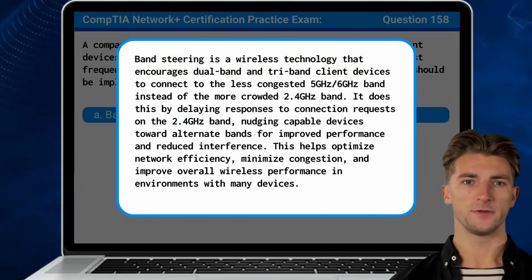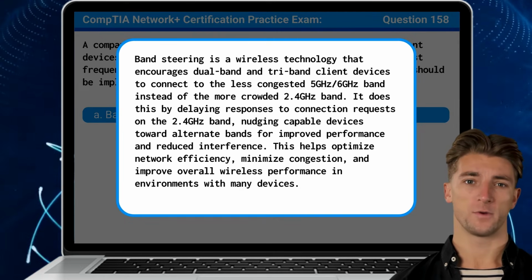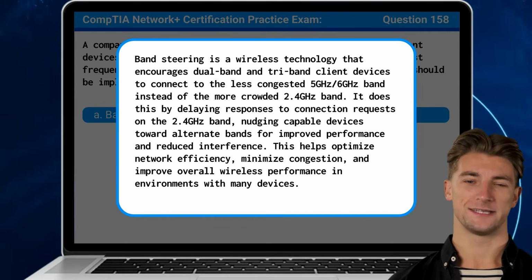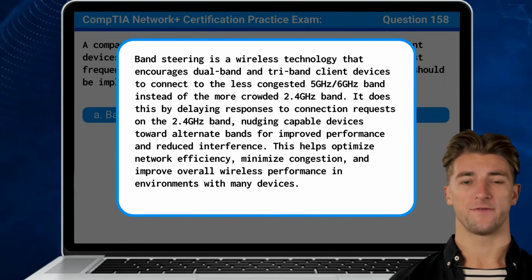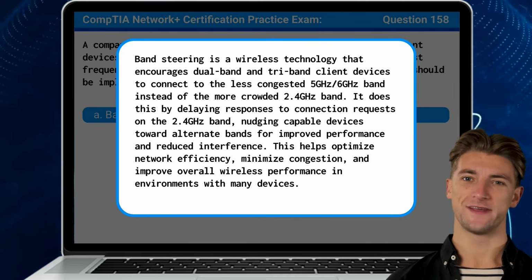Band steering is a wireless technology that encourages dual-band and tri-band client devices to connect to the less congested 5 GHz or 6 GHz band instead of the more crowded 2.4 GHz band. It does this by delaying responses to connection requests on the 2.4 GHz band, nudging capable devices toward alternate bands for improved performance and reduced interference. This helps optimize network efficiency, minimize congestion, and improve overall wireless performance in environments with many devices.